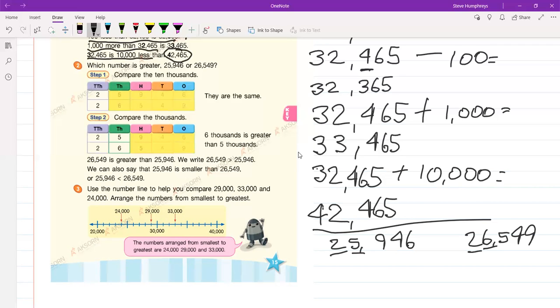So here it says 26,549 is greater than 25,946. They're writing it the other way now.